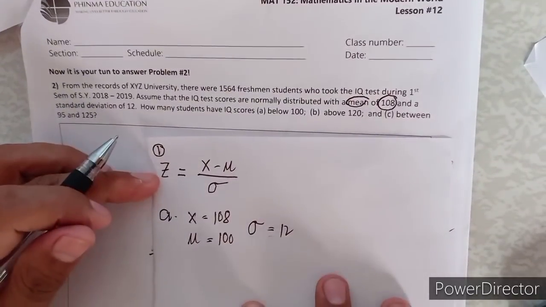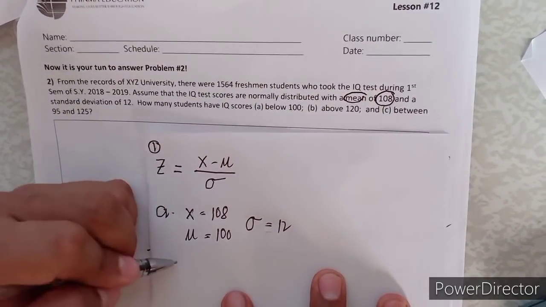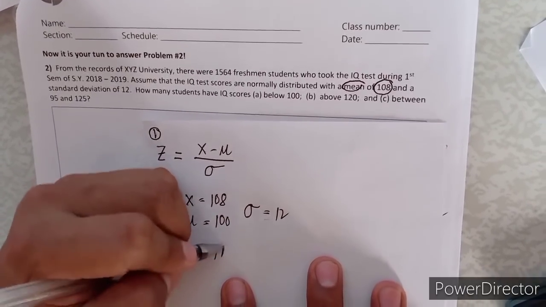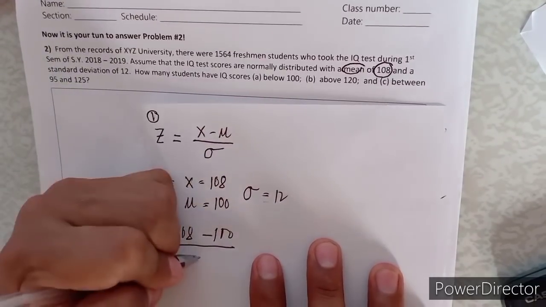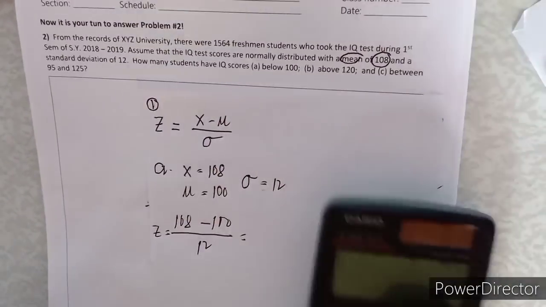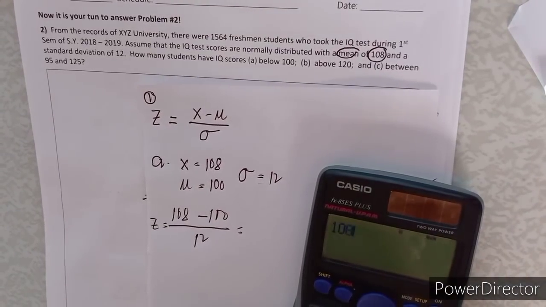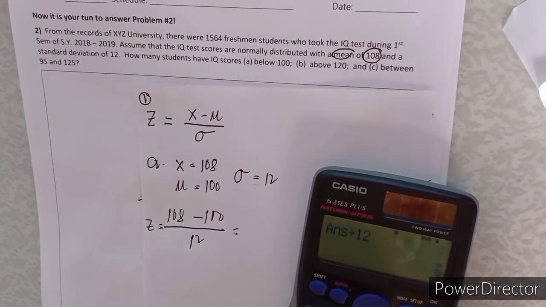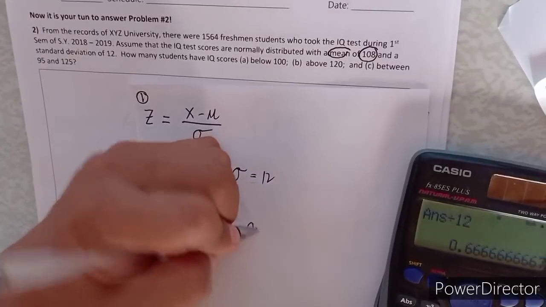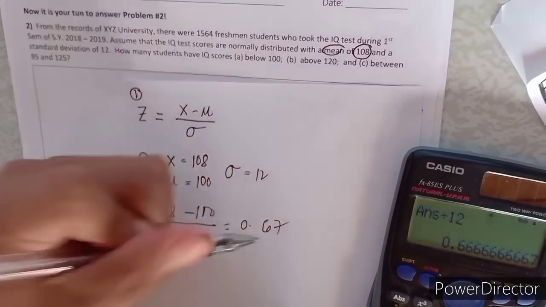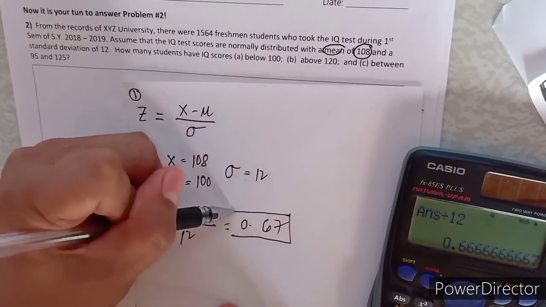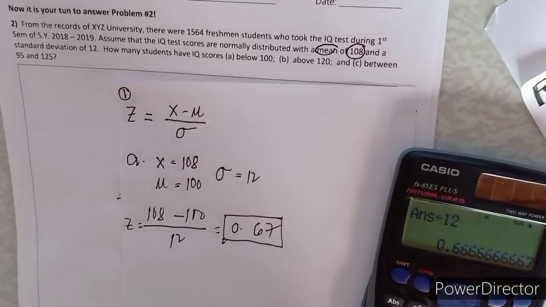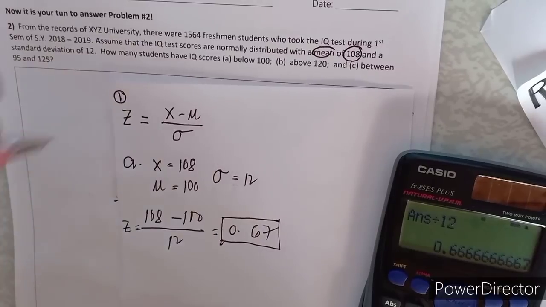Okay? To get our Z, so we have now X is equal to 108. Z is equal to 108 minus 100 divided by 12. So using our calculator, we have now 108 minus 100 divided by 12 is equal to 0.67. Okay? So this is our first step. Nakuha natin ang ating Z score value.